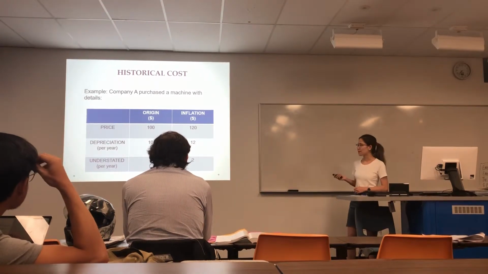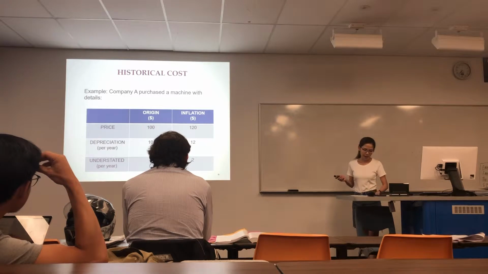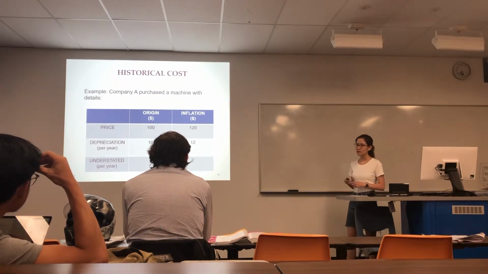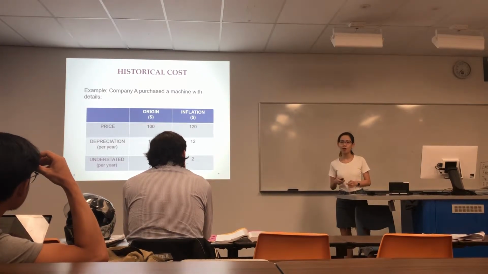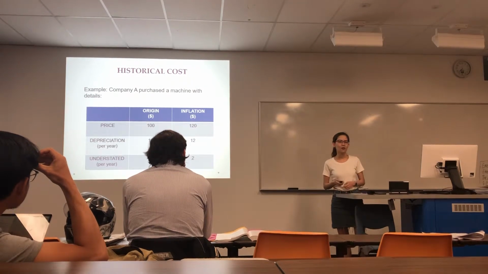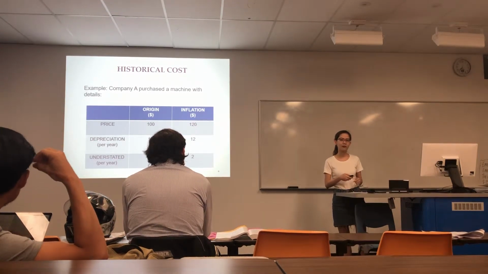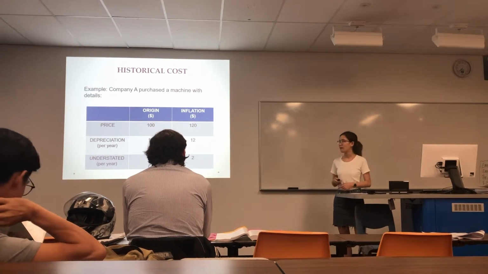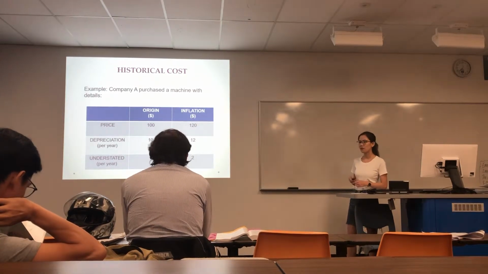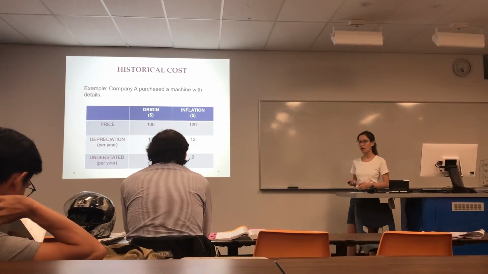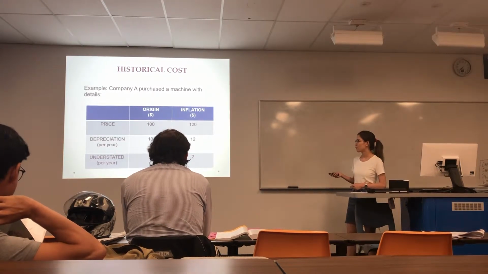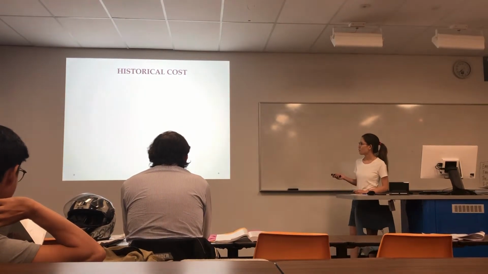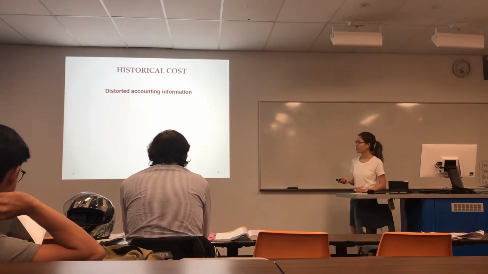Besides that, this method messes up the calculation of profit when some costs are recorded at current price, such as inventory, and some expenses are recorded at historical cost, like the depreciation expense I mentioned below.